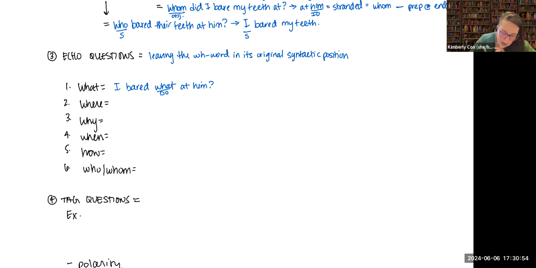I might say I bared my teeth at him where, right? Again, a little clunky, but we would probably tag that answer onto the end, right? I bared my teeth at him in a clearing. It would be similar. I would say I bared my teeth at him. Why?